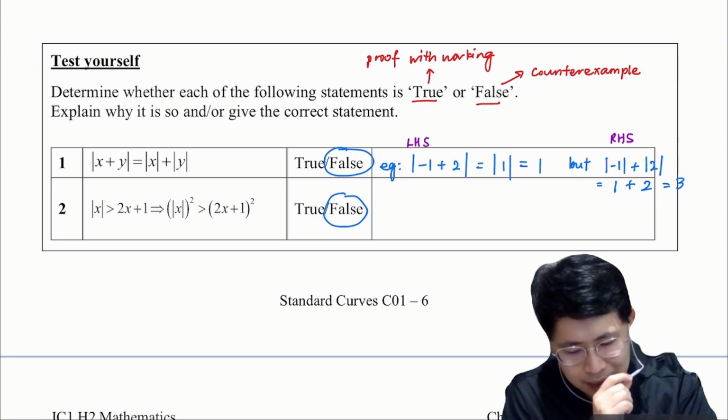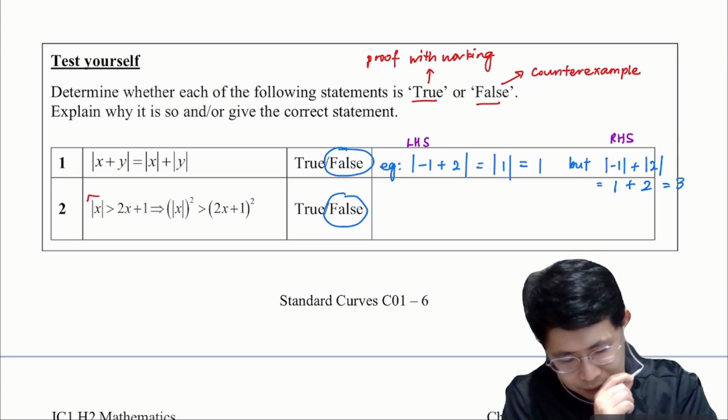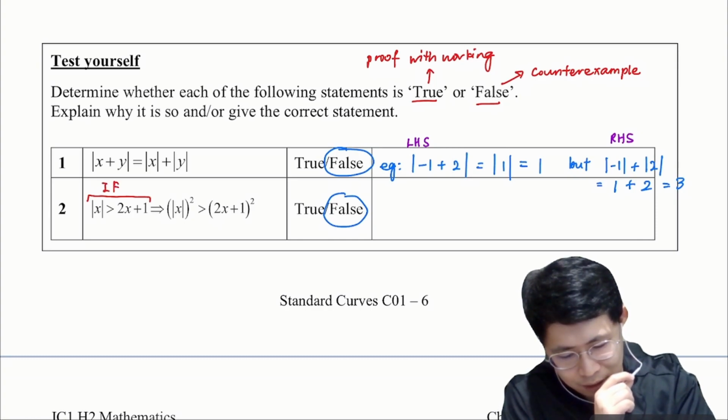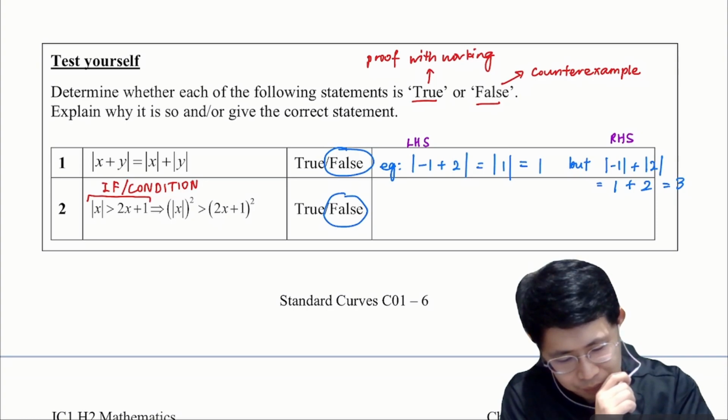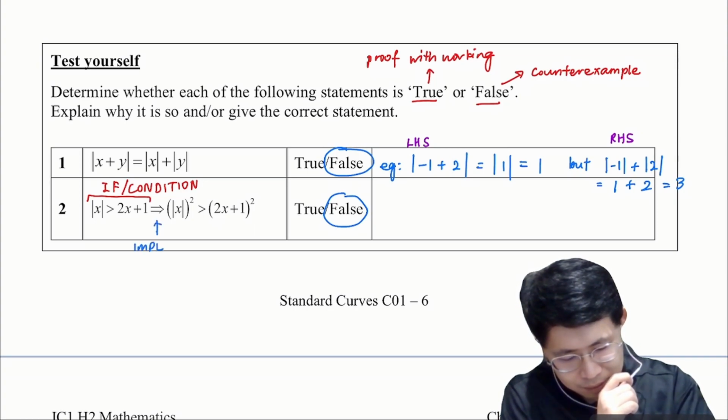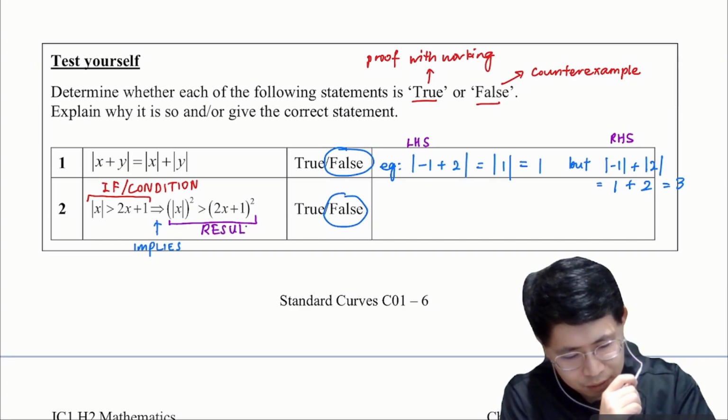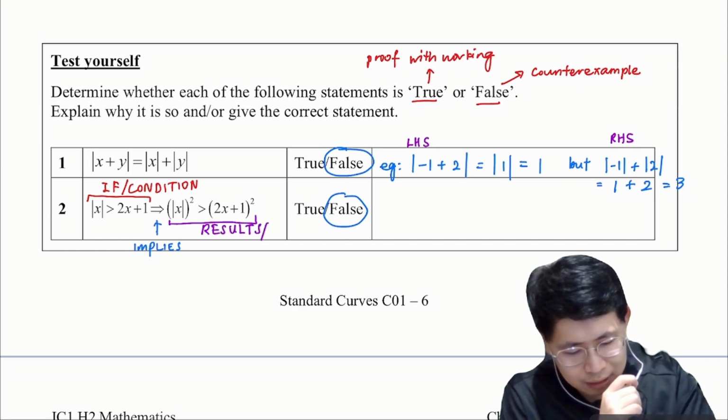This part over here is the condition, the if part. Then this arrow means implies, and on the right hand side this would be the result, or the then.